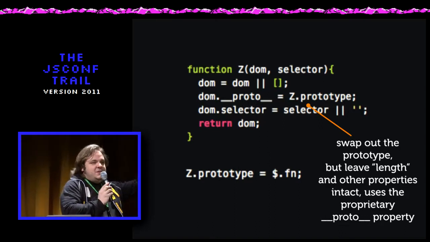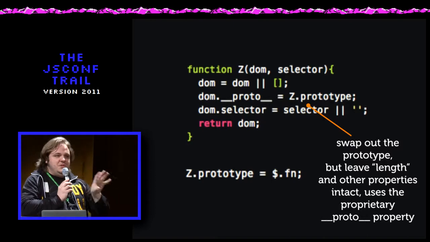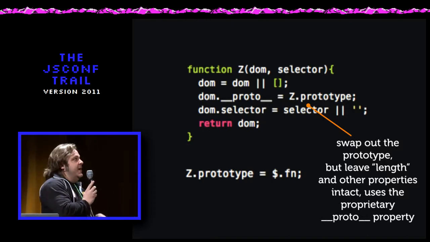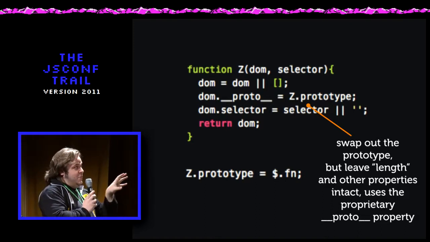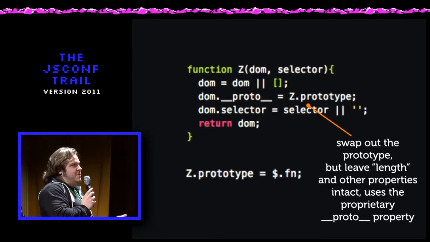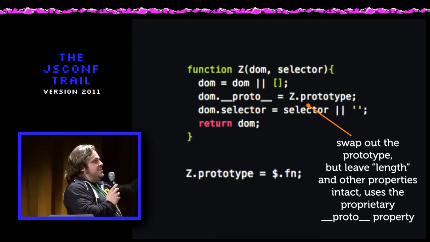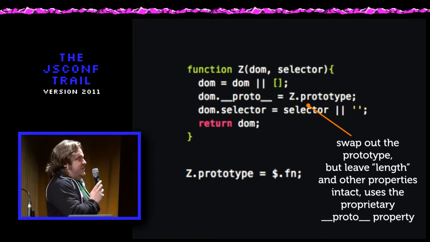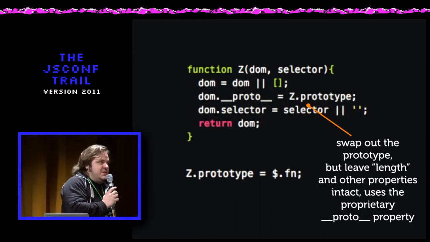This is done so the querySelectorAll call returns a node list, and we convert that into an array with the array slice call. However, we do want an array-like object, but we want it to have all the stuff that's in $.fn. So what I do is just swap out the prototype of the array, basically. And you end up with an object that looks like an array.